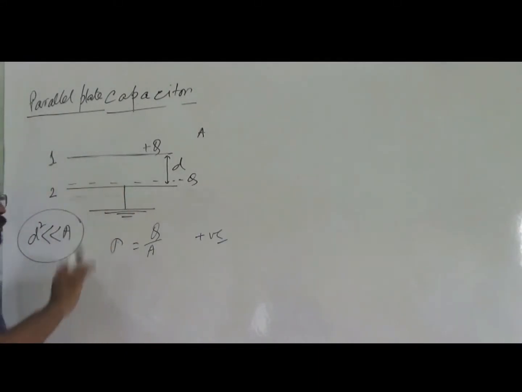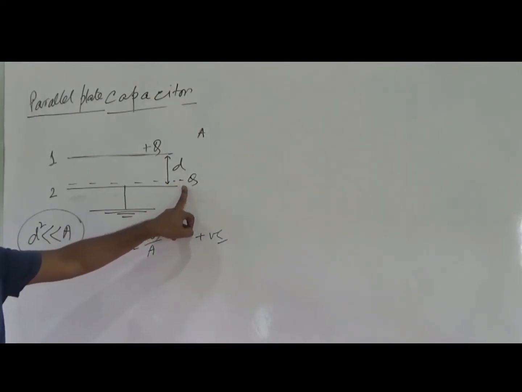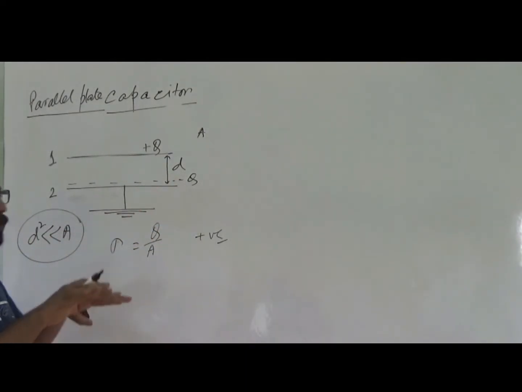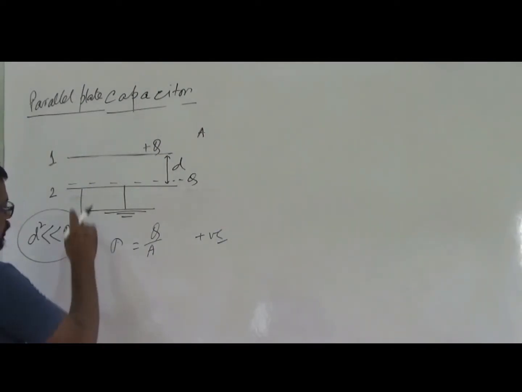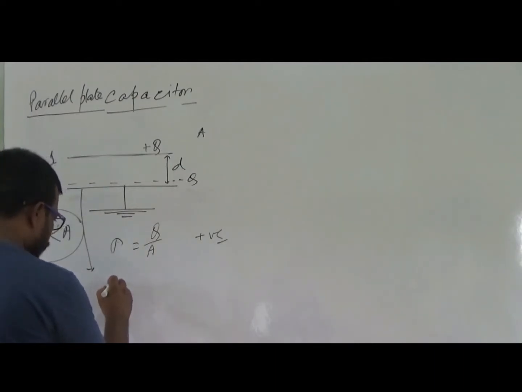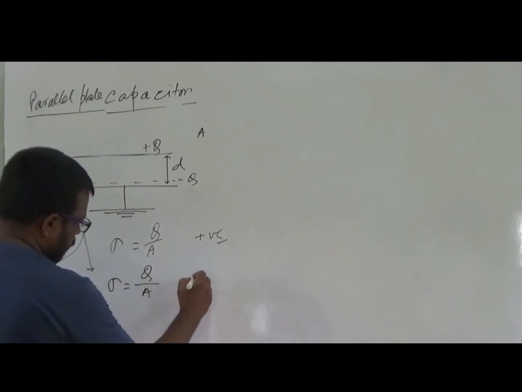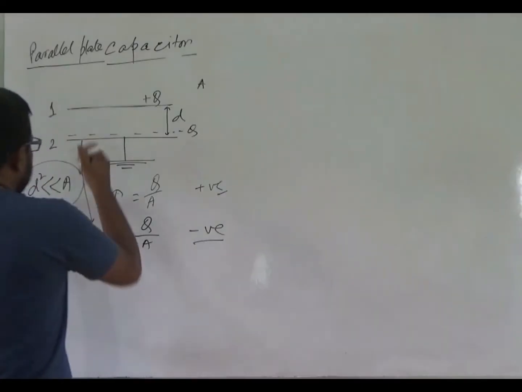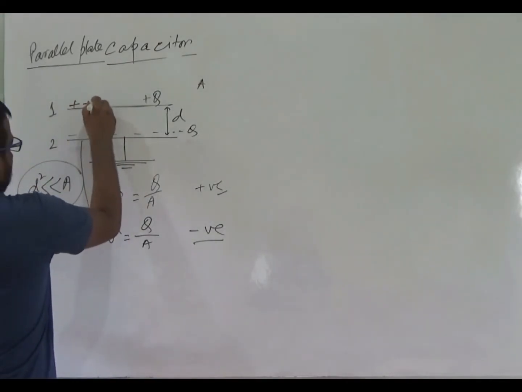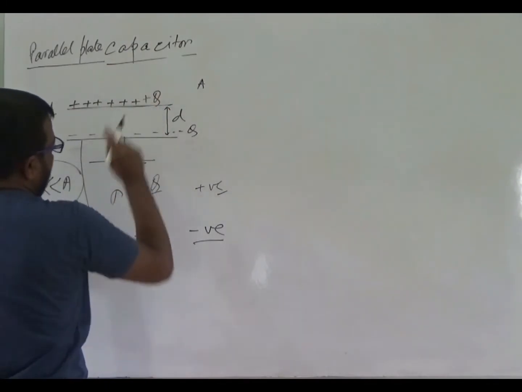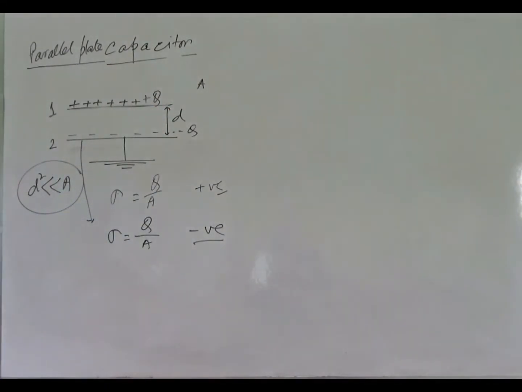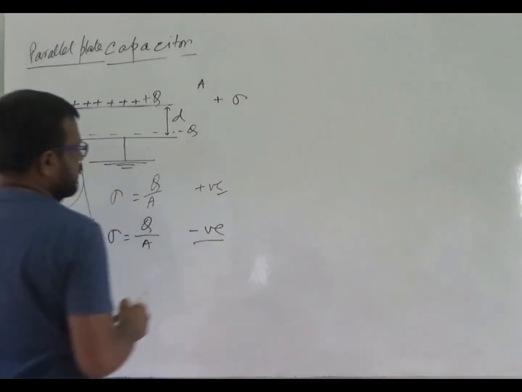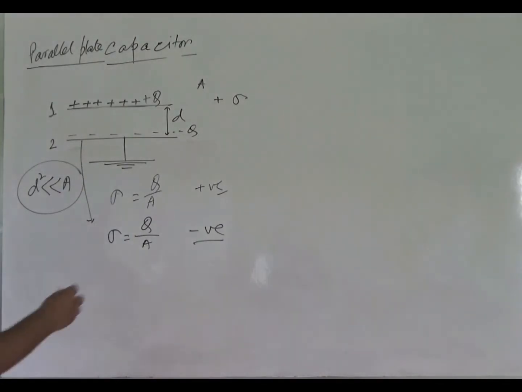Now this induced minus Q charge will be distributed over the second plate, and the surface charge density of plate 2 will also be sigma equals Q by A, but this will be negative. That means there are two infinite plates, plate 1 and plate 2, and plate 1 is charged with plus sigma surface charge density, and plate 2 is charged with minus sigma charge density.